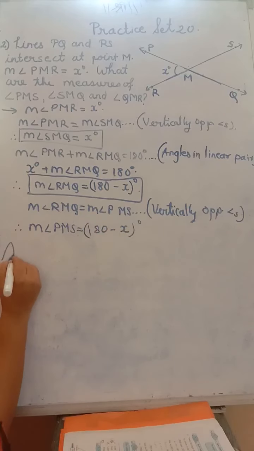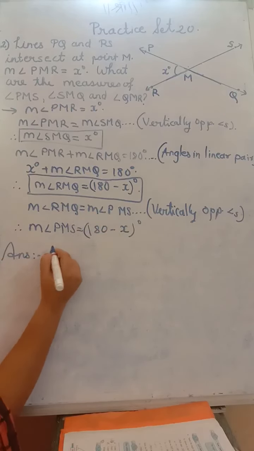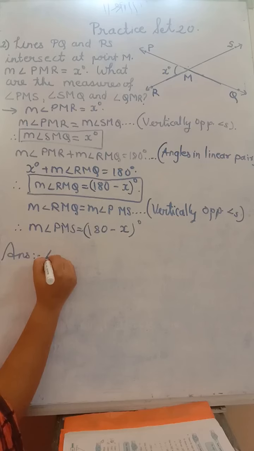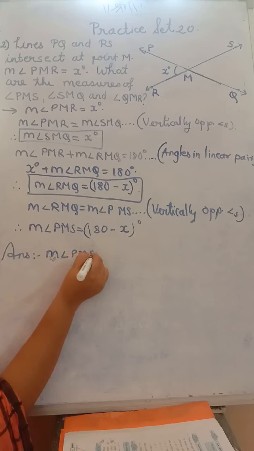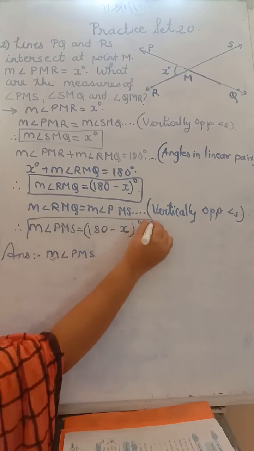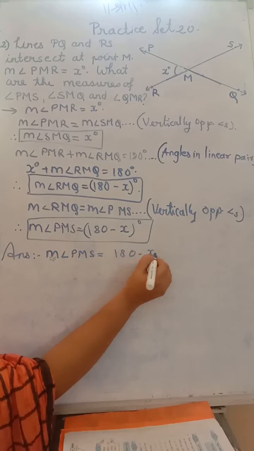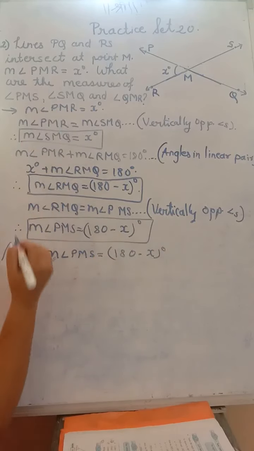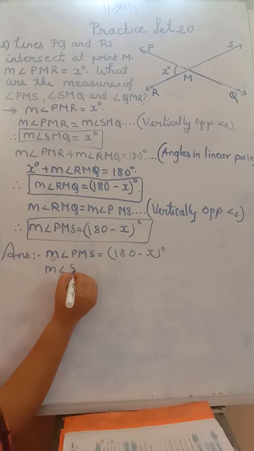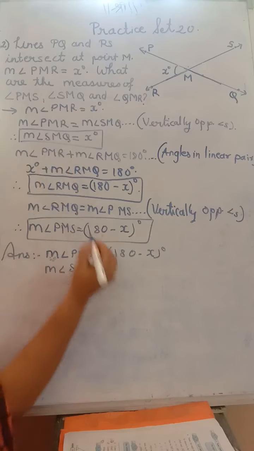So, we got the answers of all of them, that is measure angle PMS. What it is? This one, yeah. PMS is how much? 180 minus x degree. Next one is measure angle SMQ. Here it is.